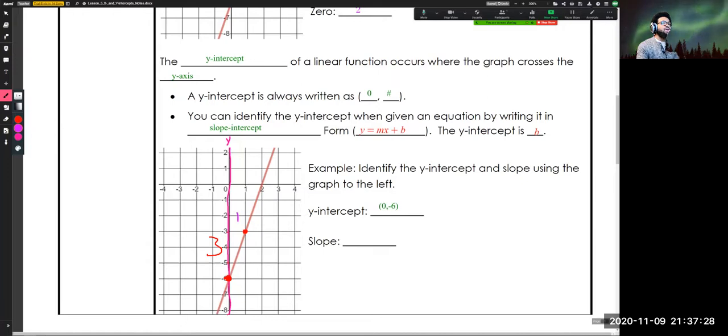And since this is rise over run, ooh, that's a tongue twister, that's going to be 3 over 1. And now remember, when we write our slope, we want to write it in its simplified form. So 3 over 1, we're not going to leave it like that. That's going to become 3, okay? So our slope is 3.